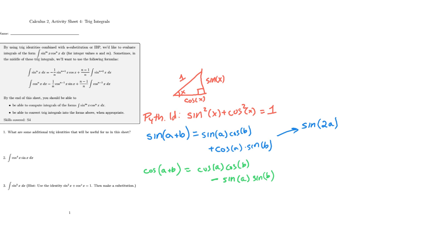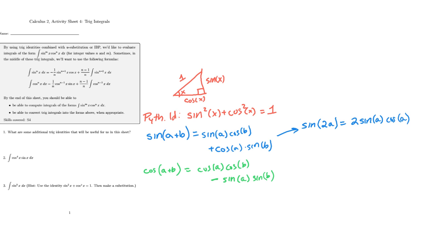And notice 2a is just a plus a. So we can really just use the sum formula from the left, except instead of a plus b, it's just a plus a. So sine of 2a, that becomes sine a cos a plus cos a sine a. So that simplifies down to 2 sine a cos a.